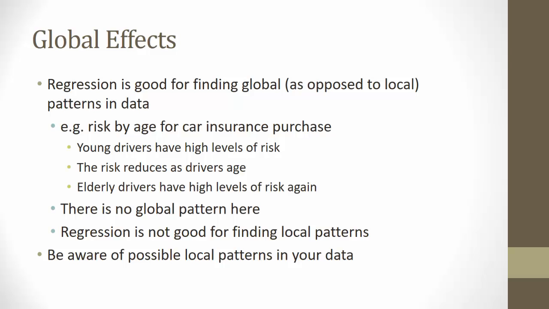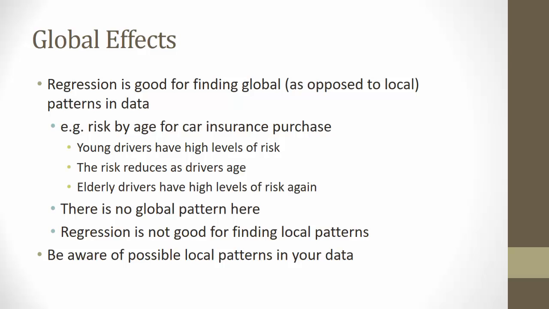You all know that the risk of being involved in a car accident decreases by age. That's why when you are younger, you have to pay higher premiums for your car insurance, and as you get older, the premium decreases. So regression is capable of finding this global effect, that the risk of driving or the risk of getting involved in an accident will decrease with age.